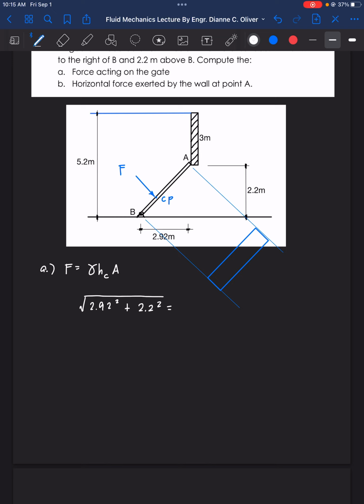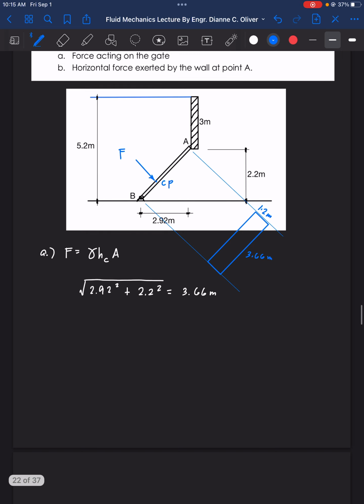This is equal to 3.65 or 3.66 meters. So this is 3.66 meters, and we have here the 1.2 meter width. And the center of gravity is located here, CG.